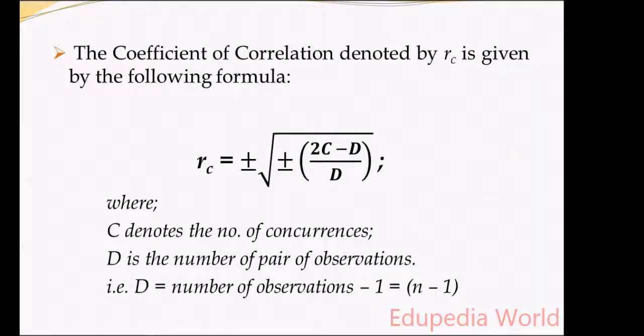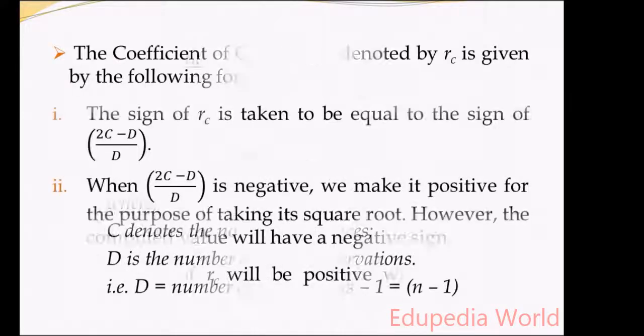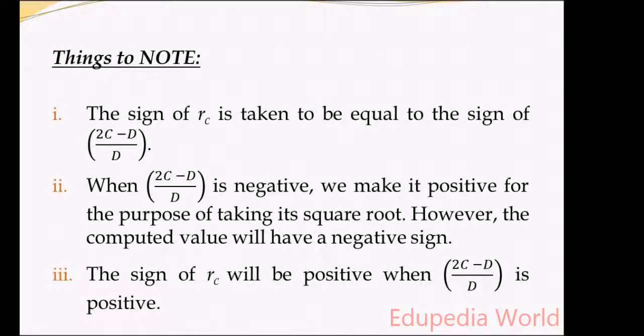So this is our formula. Then proceeding further, there are certain things to note which I've already explained to you. Let me just read it once for you. The sign of RC is taken to be equal to the sign of 2C minus D by D. When 2C minus D by D is negative, we make it positive for the purpose of taking its square root.